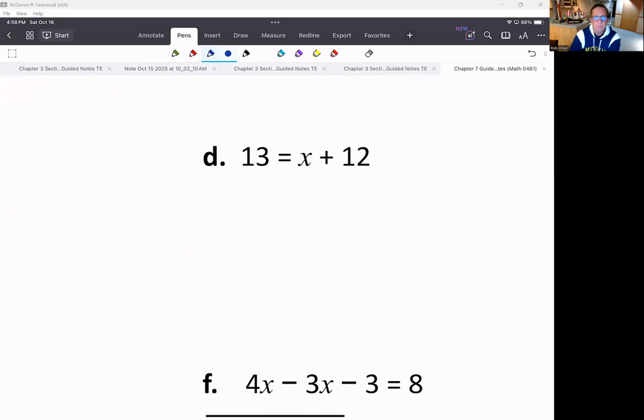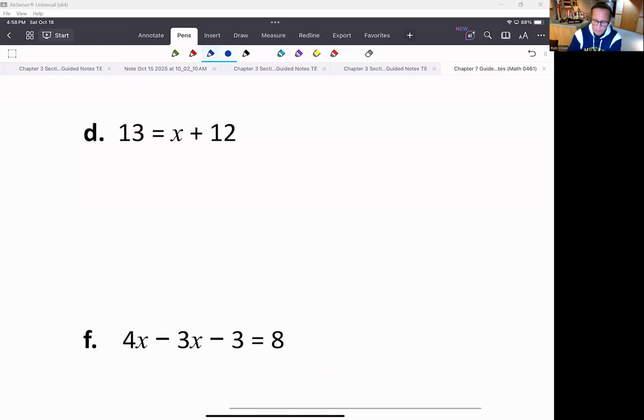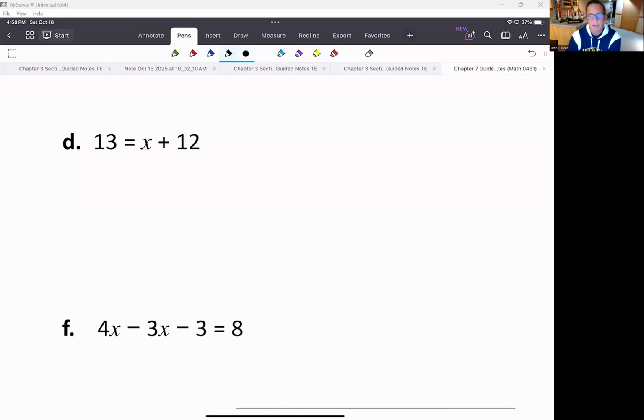All right, on D, kind of the same thing going on here. A very simple one-step equation. Maybe the only thing a little different is that it's written in a different way, where all the stuff is on the right side of the equation, but don't let that throw you off. Some people just get used to doing things one way, and they'll rewrite it as x plus 12 equals 13.